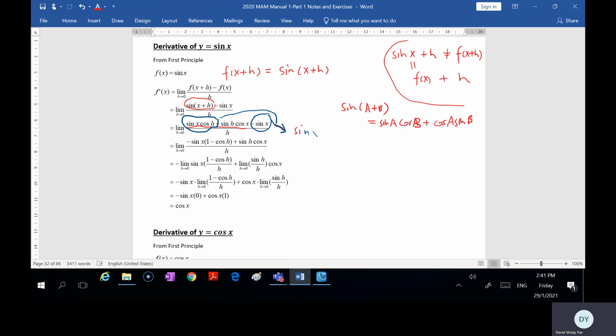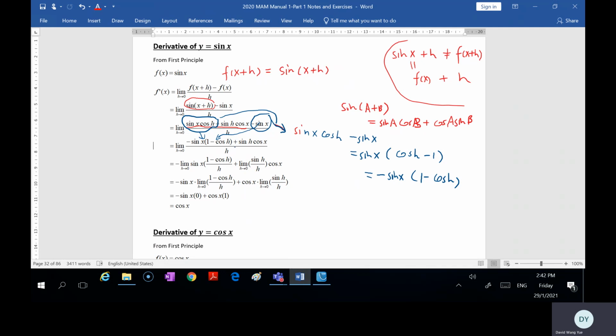That is sine x cosine h minus sine x, which is sine x times (cosine h minus 1), that is negative sine x times (1 minus cosine h). That's why you see negative sine x, 1 minus cosine h, from this and this. And then plus sine h cosine x, this one we leave alone.